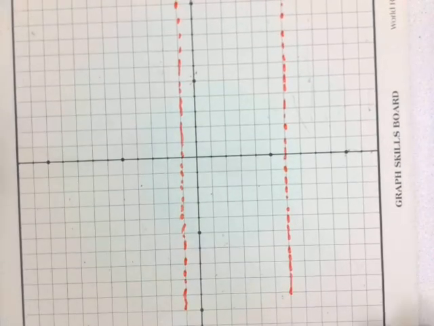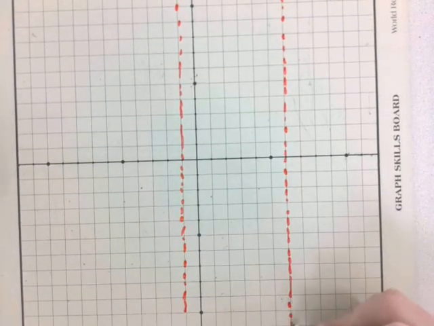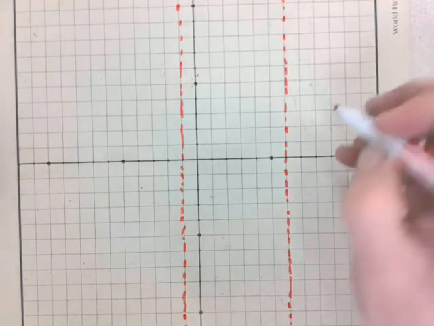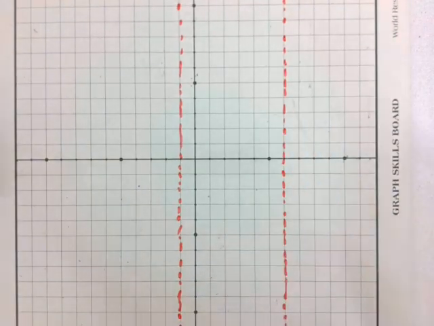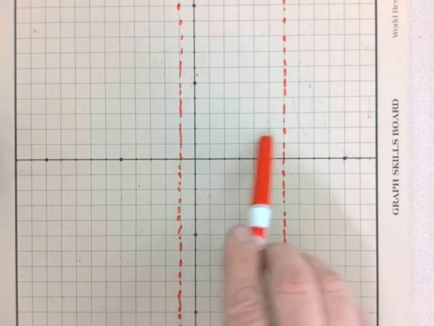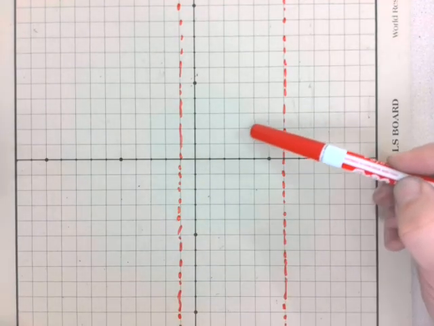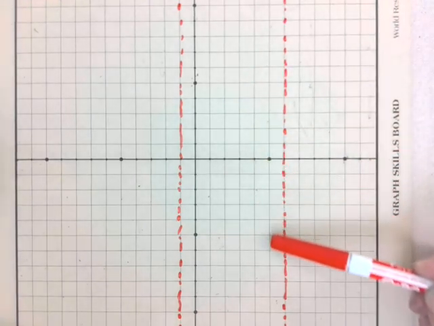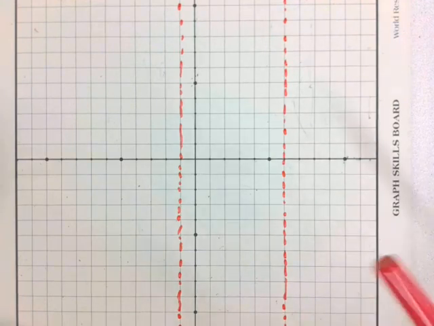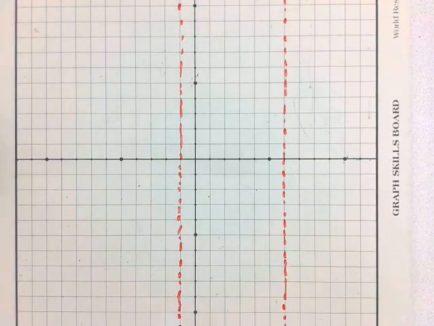And how those vertical asymptotes work: our graph, when it gets close to one of these asymptotes, is going to go up to the top or up to the bottom. So for instance, if we're graphing in between here, the graph is going to go upwards and get really close to the asymptote up here, or come downwards and get close to the asymptote at the bottom. It'll have to do that every time it gets close to one of those vertical asymptotes. Vertical asymptotes can never be crossed.